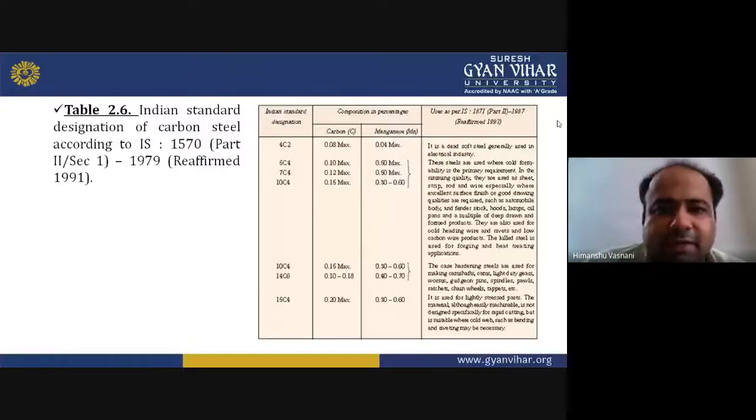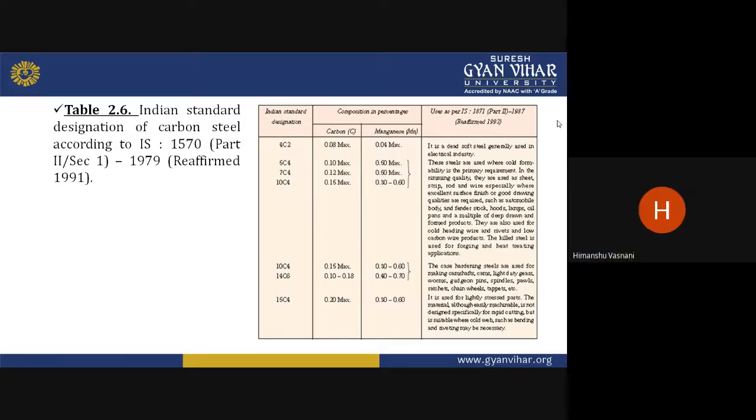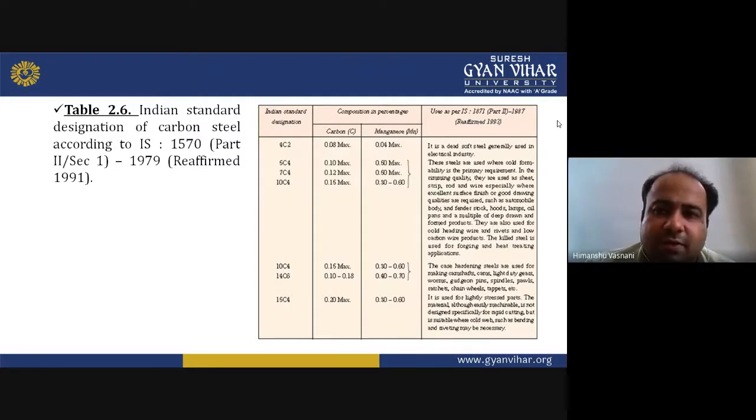According to the Indian standard designation, 4C2 is the designation, and you can see that the maximum carbon is around 0.08 maximum, and the manganese is 0.4. Okay, it is a dead soft steel used in the electrical industry.